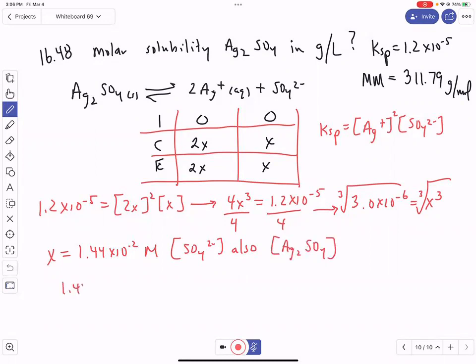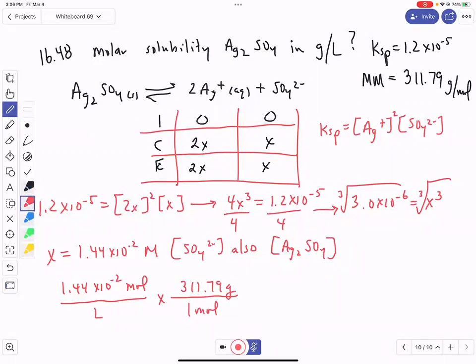So I've got 1.44 times 10 to the minus 2 moles per liter, because that's what molarity is. And I need to use my molar mass, right, so that I can find grams per liter. Well, my molar mass tells me, for every 1 mole, I have 311.79 grams of the silver sulfate.